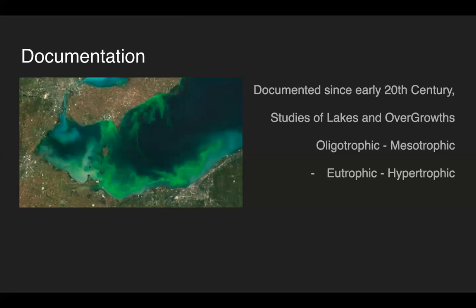And at the time, these definitions were derived from the estimates between water bodies with different nutrient status, and they're judged according to their phytoplankton communities. So that's how eutrophication got its name.